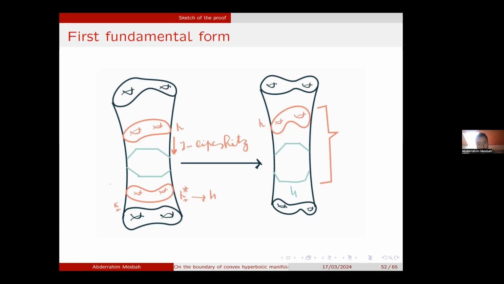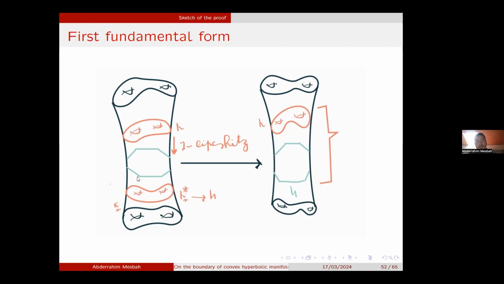And then we ask, when n gets bigger, what happens on the boundary of the convex core. The metric will stay bounded, because the projection of this surface onto the boundary of the convex core is 1-Lipschitz. So this guarantees that the metrics on the boundary of the convex core won't diverge. We have a similar thing with the third fundamental form and the measured lamination.